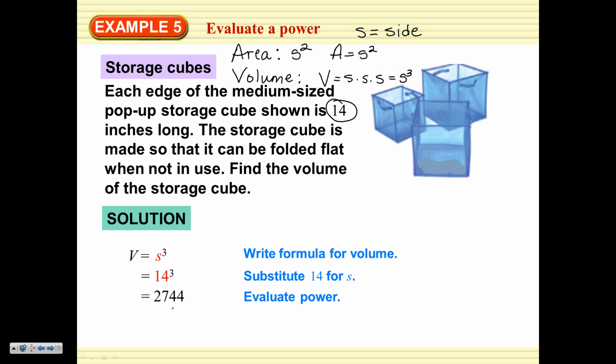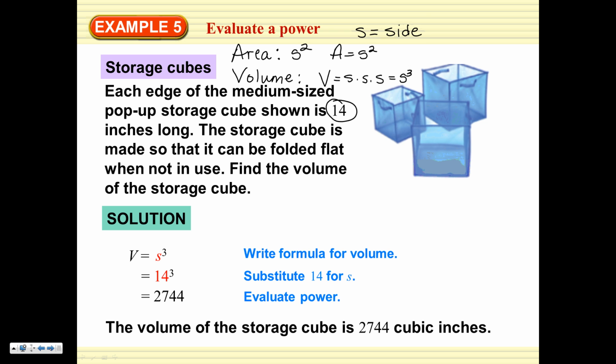And we end up with 2,744. I hope you guys could do that in your head. Just kidding. Probably have calculators. All right, next one. The volume of the storage cube is 2,744 cubic inches. Okay? Or inches cubed.